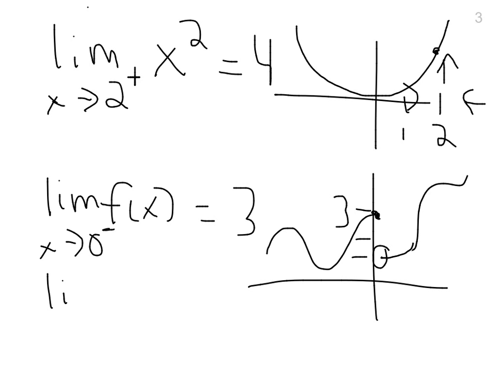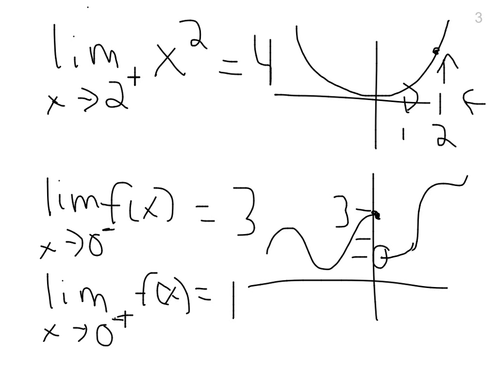But the limit as x approaches 0 from the right of f of x is equal to, no, it looks more like 1, sorry, is equal to 1. So you can see the limits are not necessarily the same. Even though you're approaching the same value, if you have a discontinuous function, you can have non-equal limits.